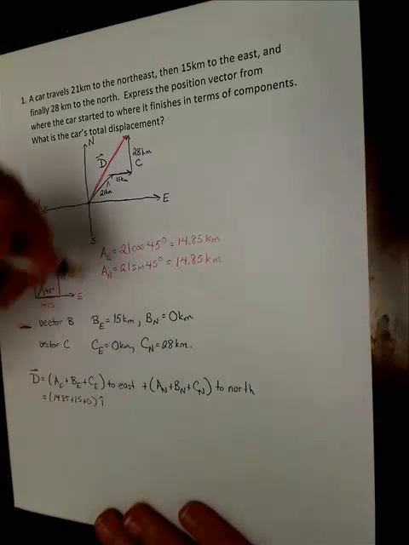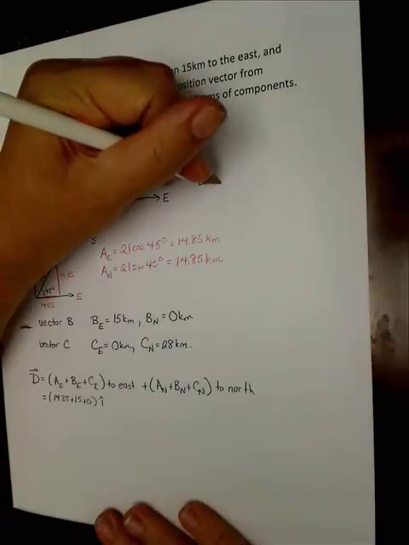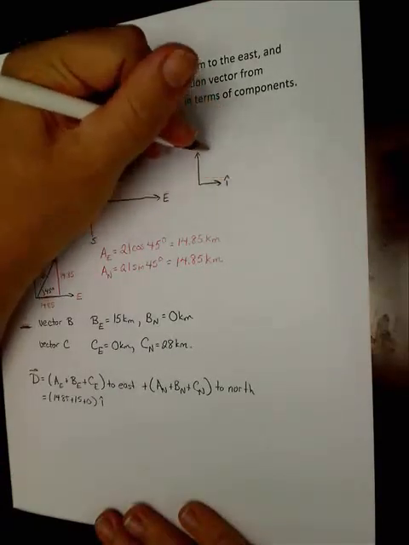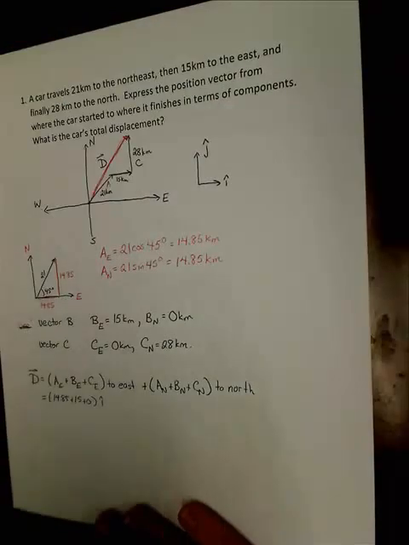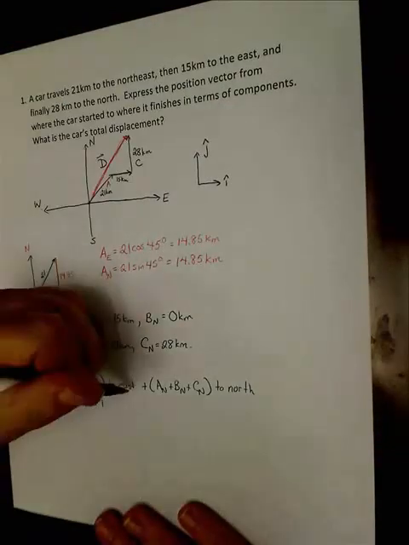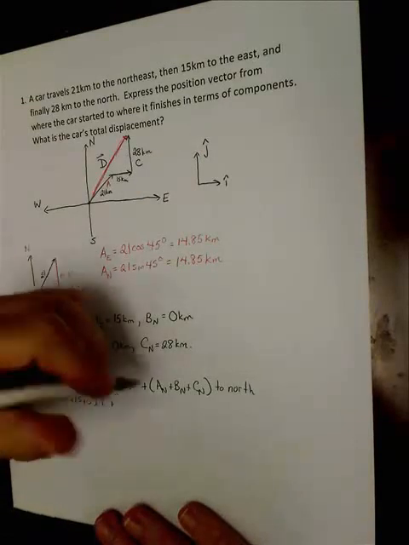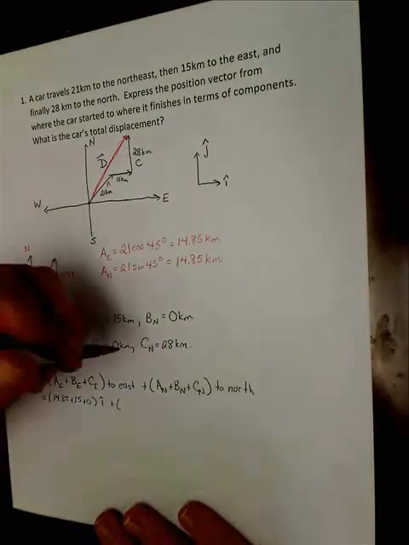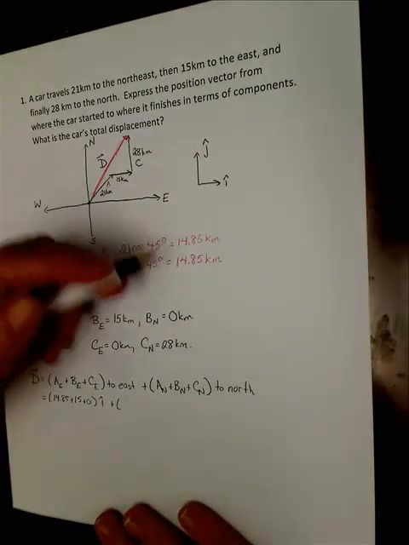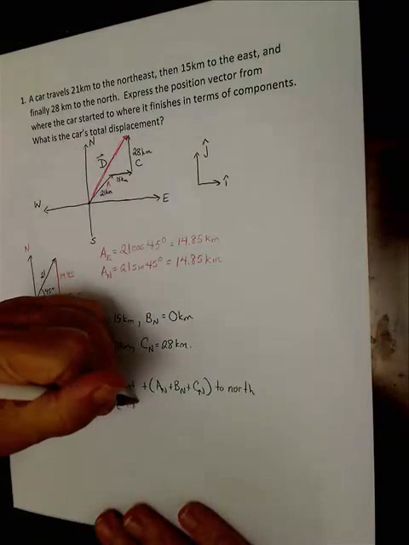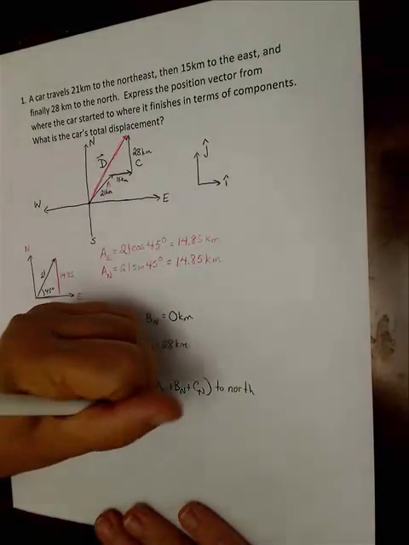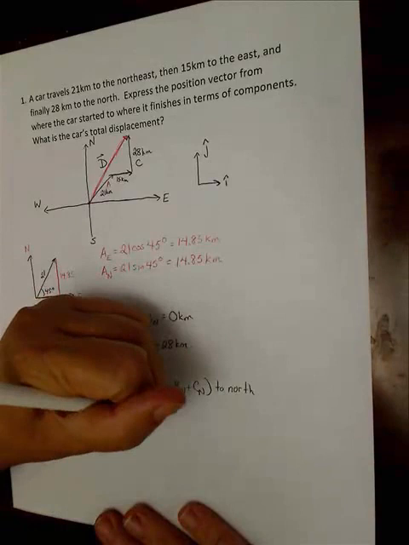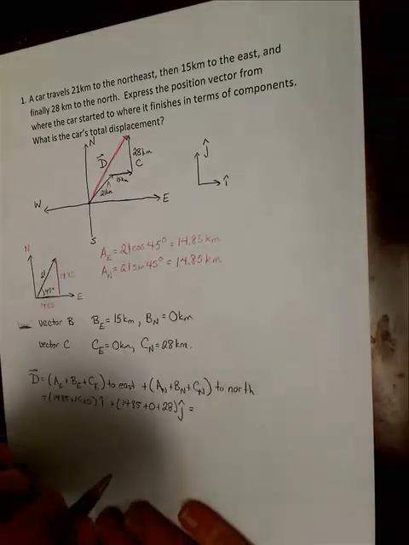And if we draw that in terms of our standard unit vectors, we have i hat going horizontally and j hat going vertically. I could write that as i hat. And to the north, or j hat, I've got 14.85 kilometers from vector A, 0 from vector B, and 28 from vector C. Write that as j hat.